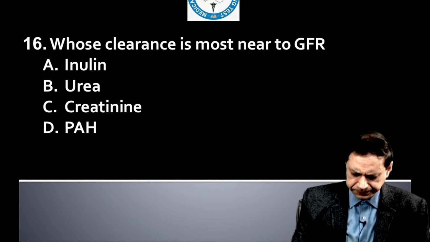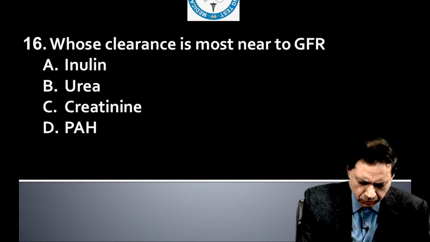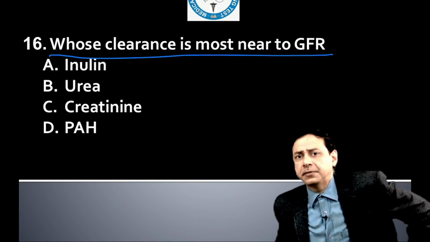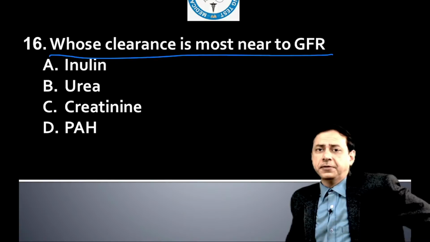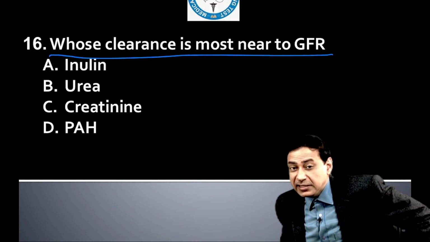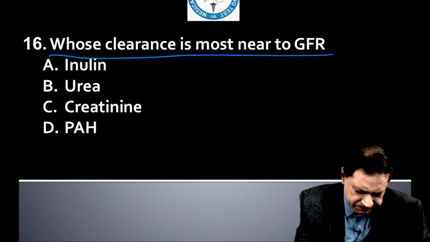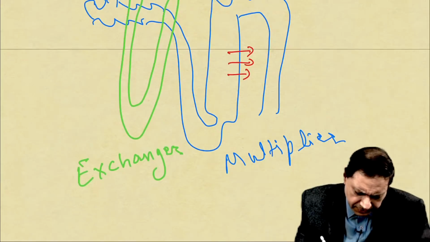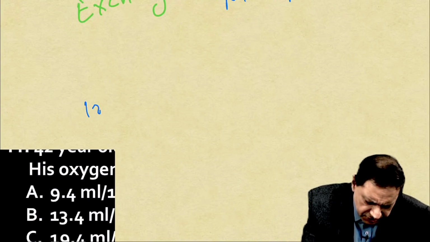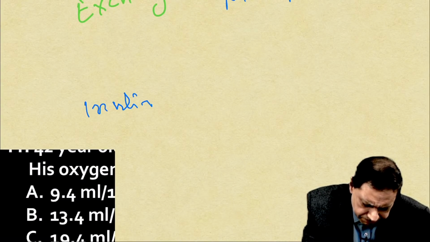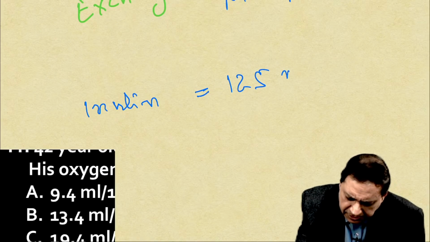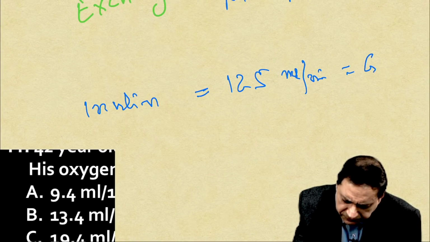See the next question. Whose clearance is most near to GFR? Clearance of inulin is equal to GFR. Just remember this: clearance of inulin is equal to 125 ml per minute, which is equal to GFR.